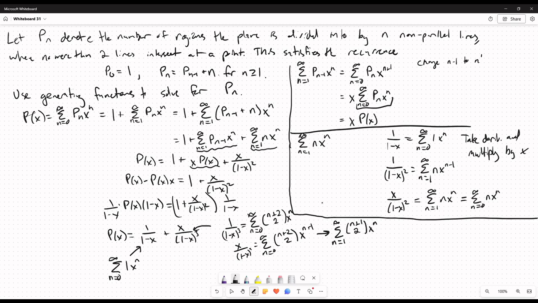And you can verify that both of those first terms will look the same. And let's go ahead and just rewrite that to make life a little easier. This will end up being n equals 1 to infinity of n times n plus 1 over 2. That's what n plus 1 choose 2 will look like, x to the n.